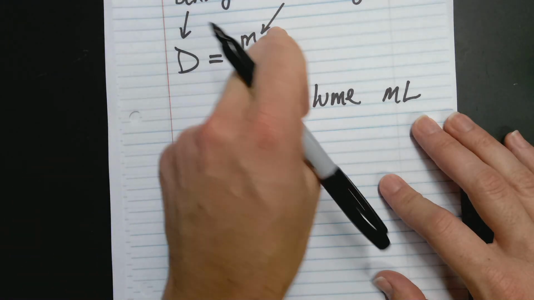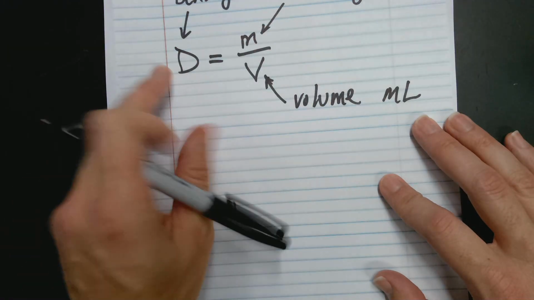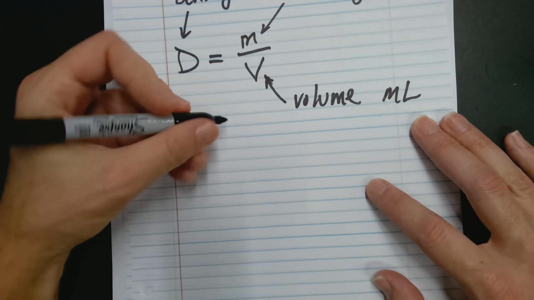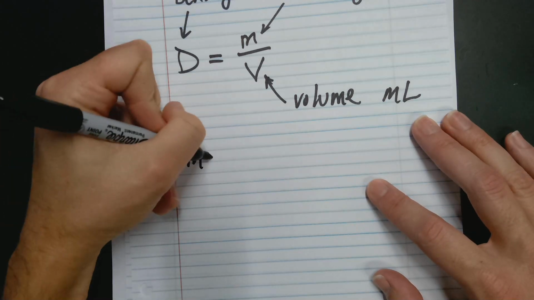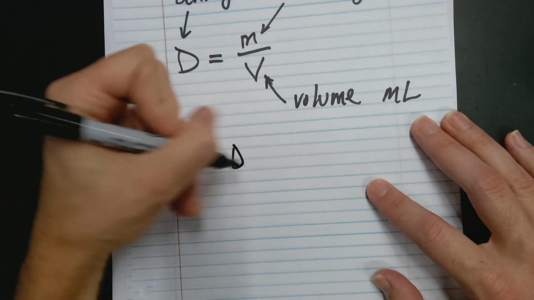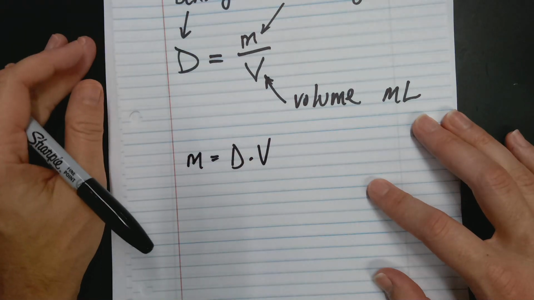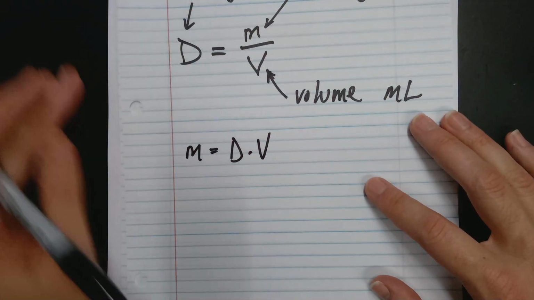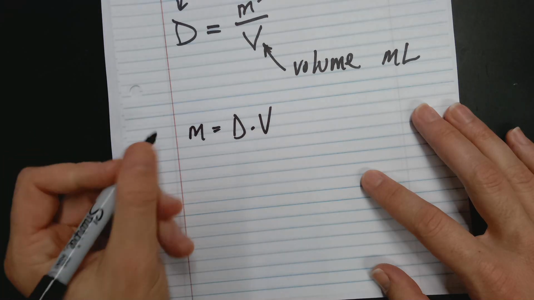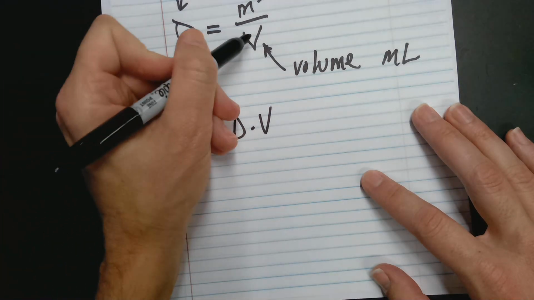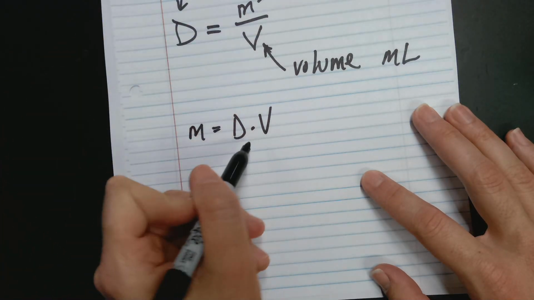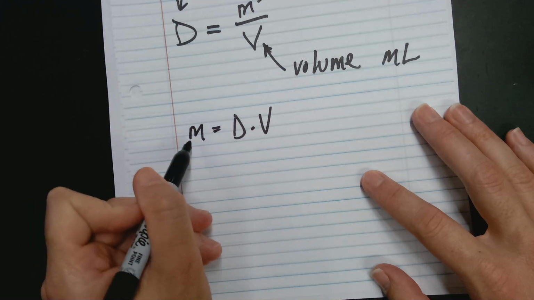If I multiply by volume on both sides, the volume will cancel, and I'm left with mass equals density times volume. So if you're given density and volume, if you multiply those two numbers together, you're going to get the mass.